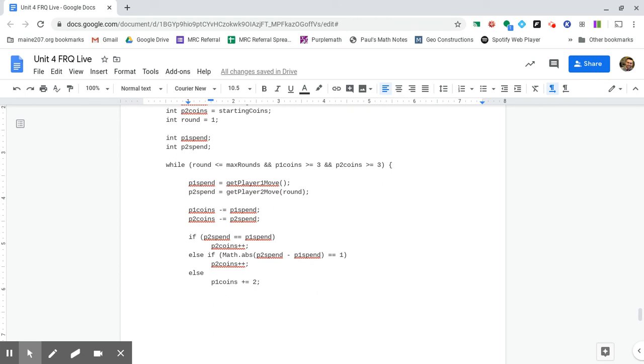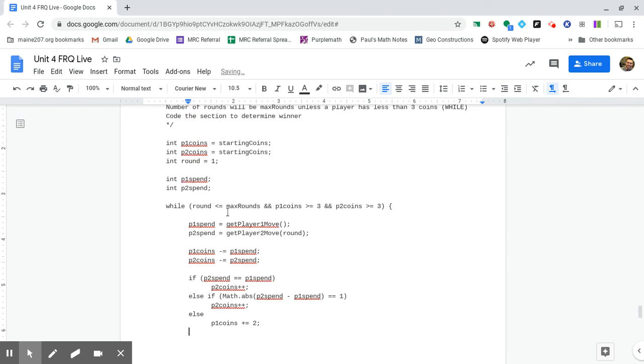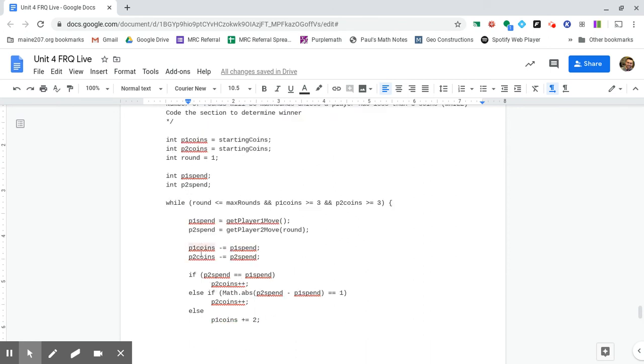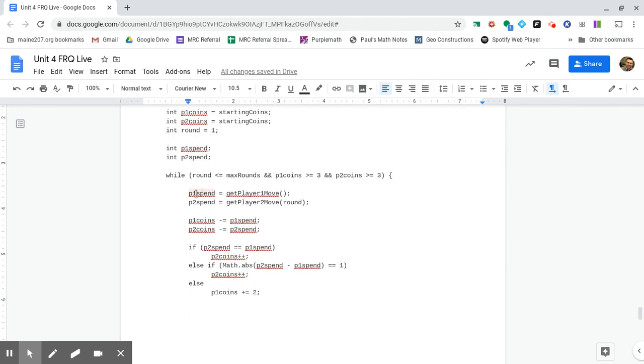Okay. So now we've taken care of, I think, everything, right? We've started their coins. We started the round number. We figured out on this current round what they're each going to spend. We're taking away that amount from their initial amount of coins. And then we tested to see what would get added back. All right. So now I believe we're ready to increment the round.